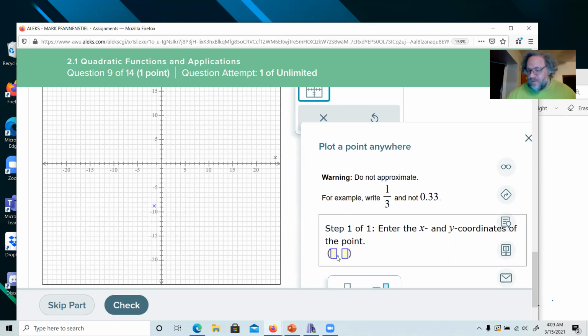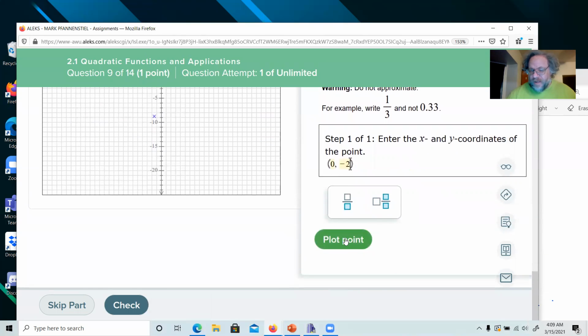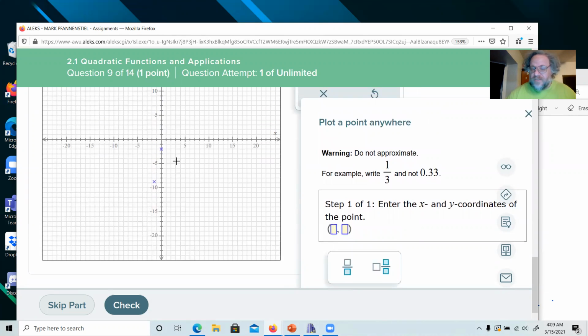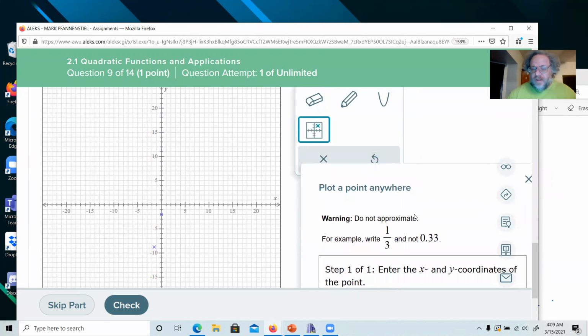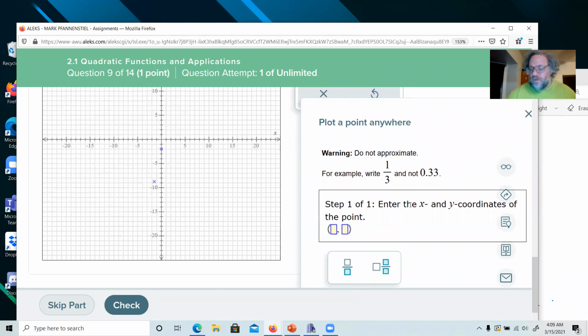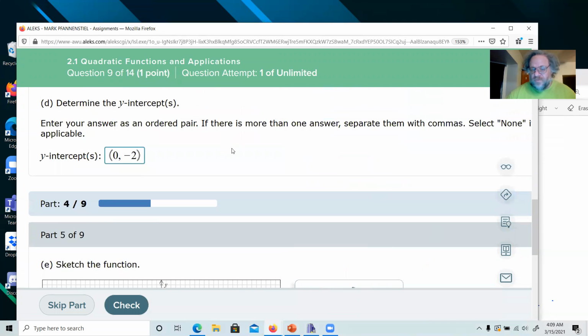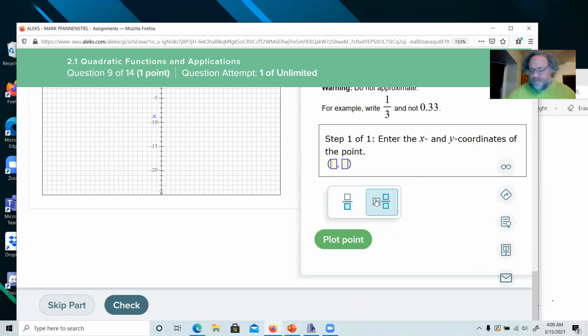Usually they only want one extra point. So why don't we go with 0 and negative 2, right, as my y-intercept and hope for the best. All right. Notice they say don't put a decimal in here. So don't approximate your intercepts, because they will not like it.